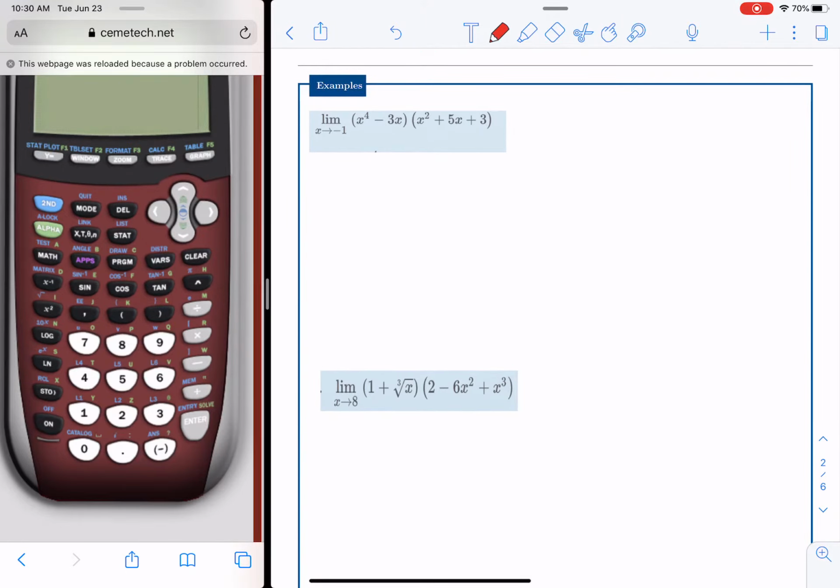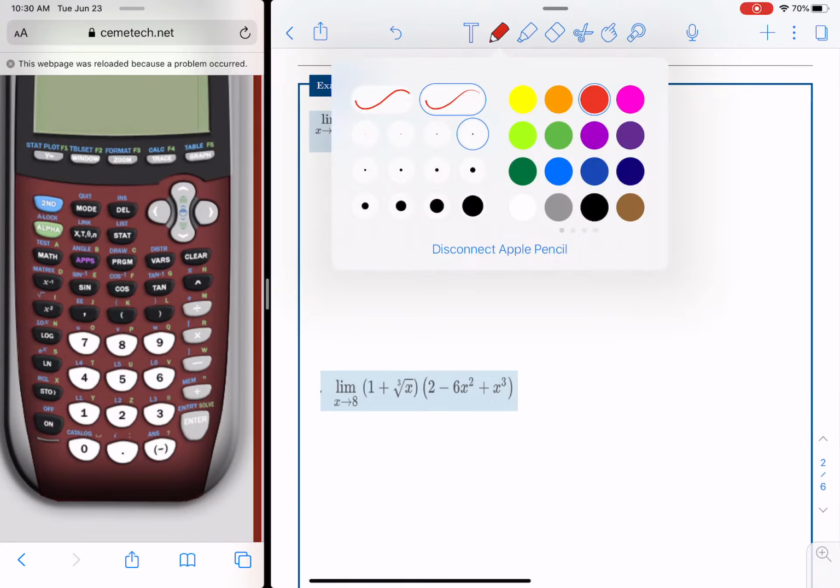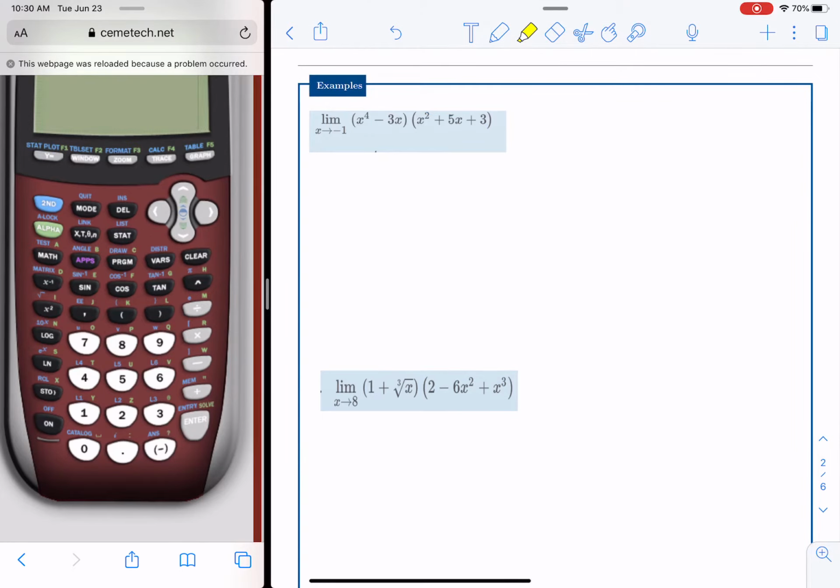So here we have a function and we want to find the limit of this function, and it is a product of two functions, a product here and the product there.